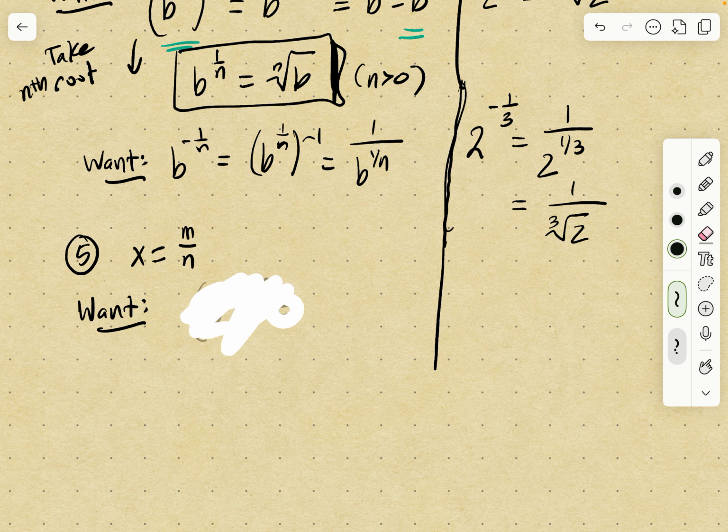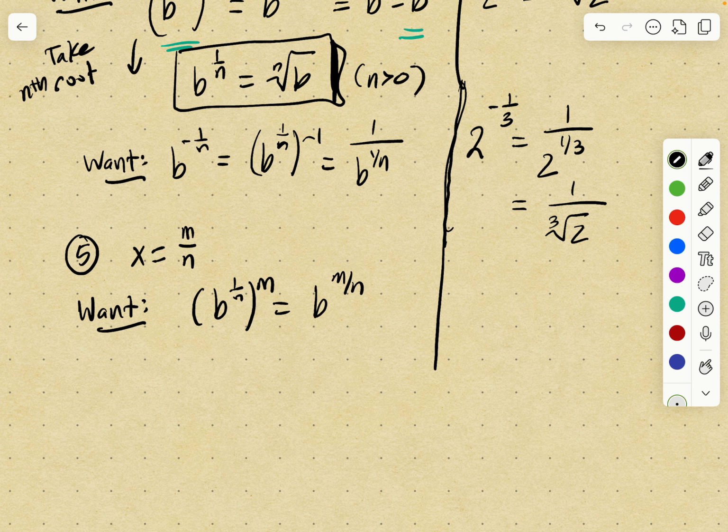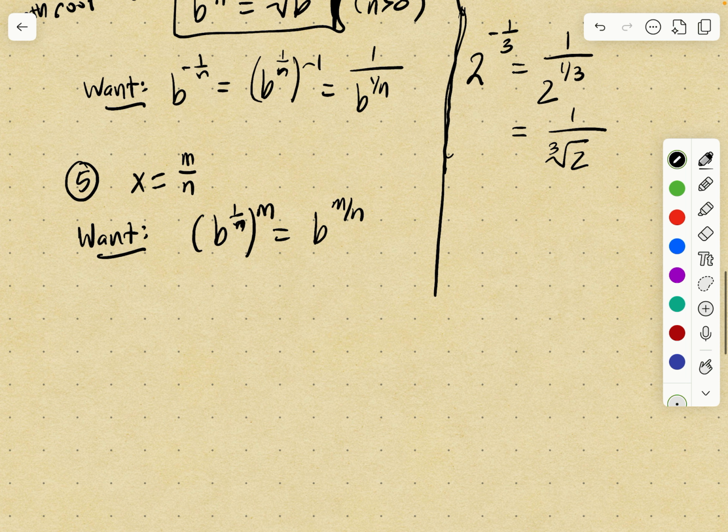Maybe I'll write it like this. We want b to the 1 over n to the nth power to be b to the m over n. So that way you have this nice property, right? This exponential property.